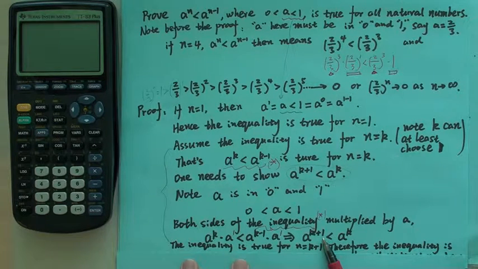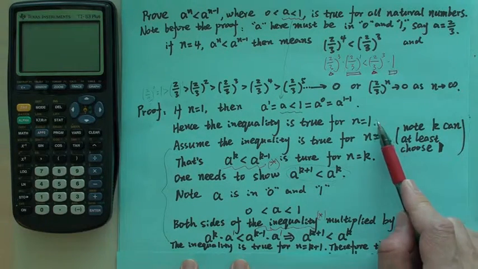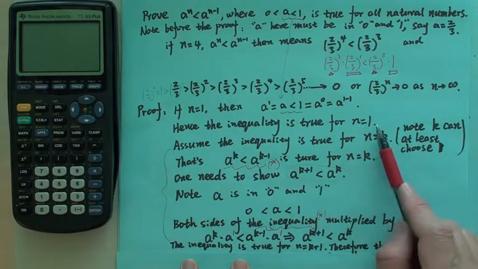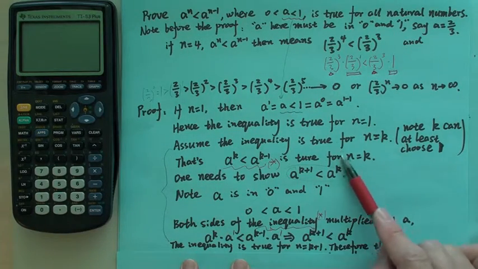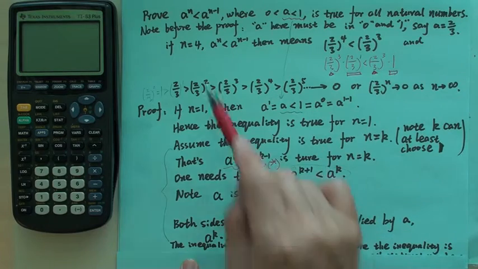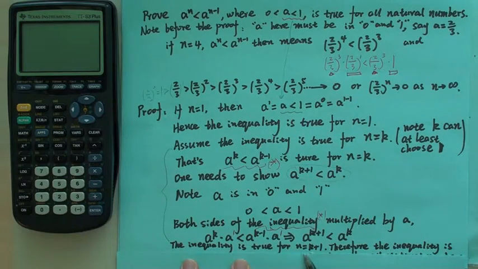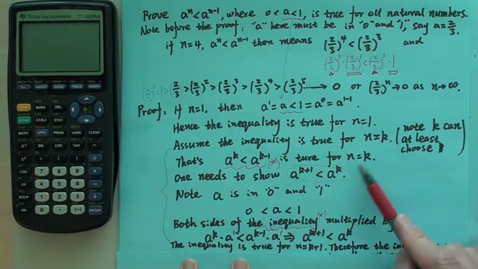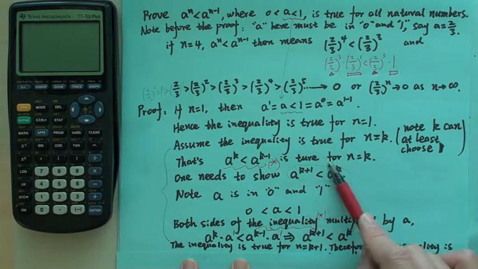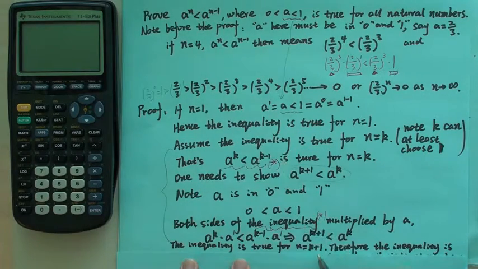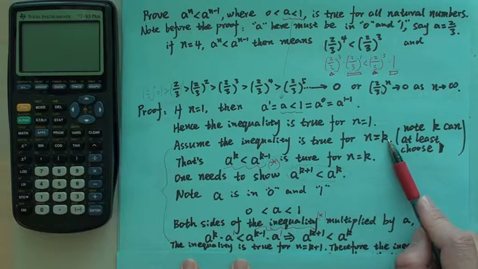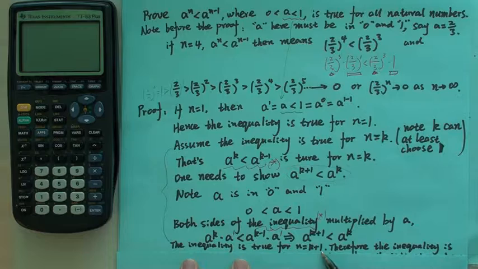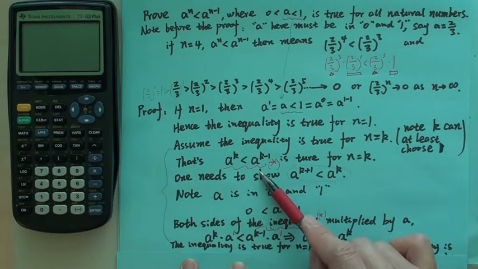So k can choose 2, and the inequality is true for 1 and 2. Going through this loop, the inequality is true for n equals 3. Then n can choose 1, 2, 3, and going through this loop again, the inequality is true for n equals 4, because it's always 1 greater than the previous one. Here is k, here is k plus 1. This loop can never end.